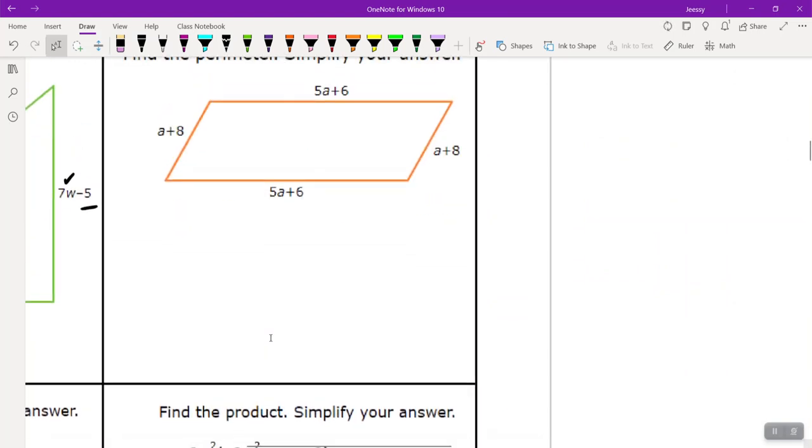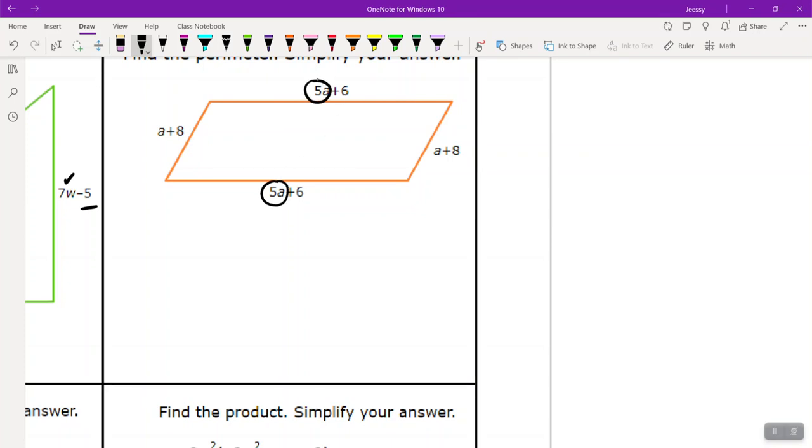So, whom should I call on? You made eye contact. Nick. Yeah, combine like terms. Keep going. Well, first of all, which ones are the like terms? The 5A here and the 5A there.